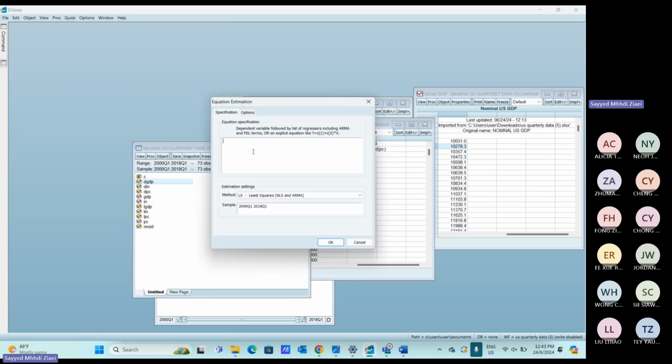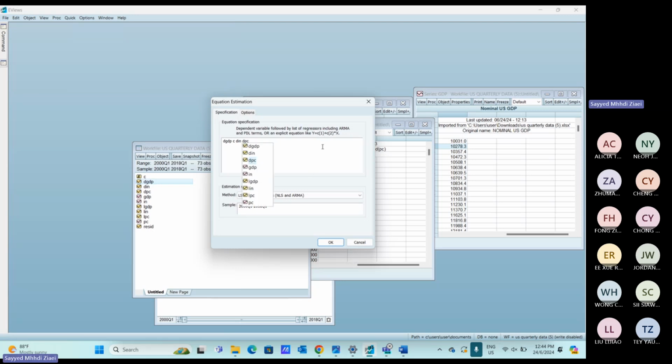DPC, DIN, DGDP. So do the regression, go to quick estimation, and then list your independent and dependent variables in your function. The first variable that we have is DGDP. The second variable is C, intercept, DIN, and then finally DPC.